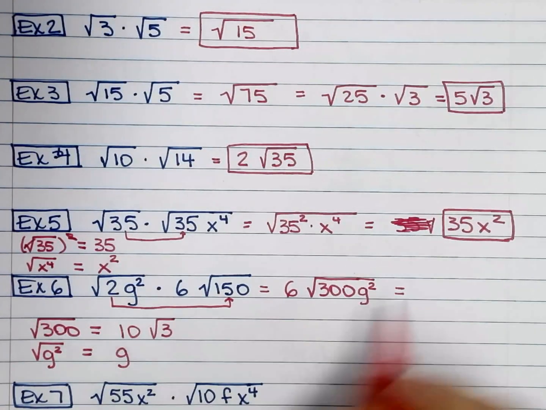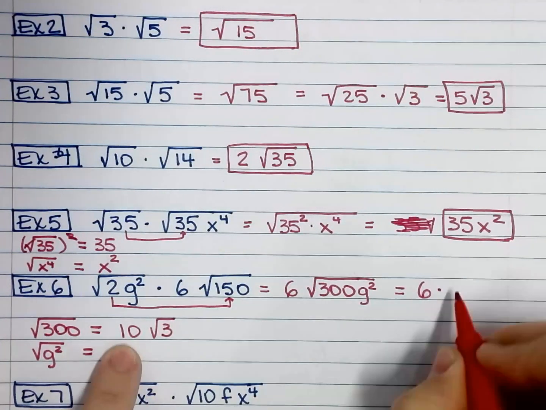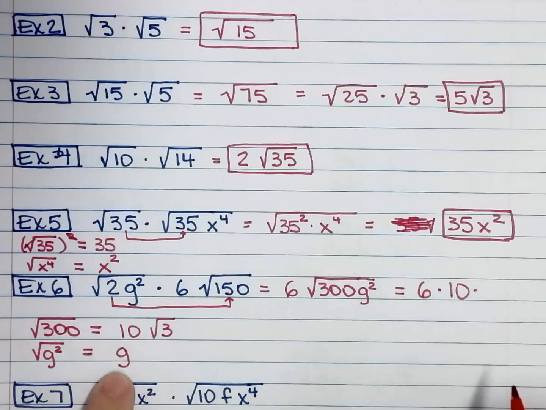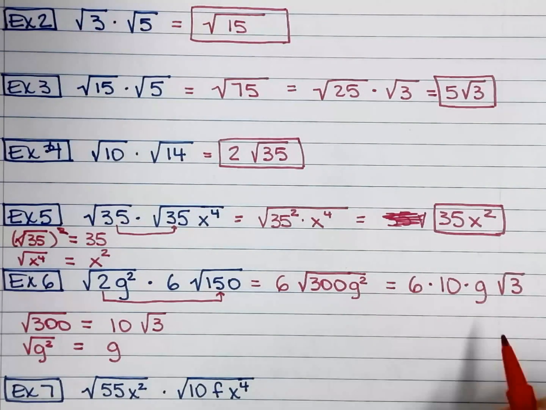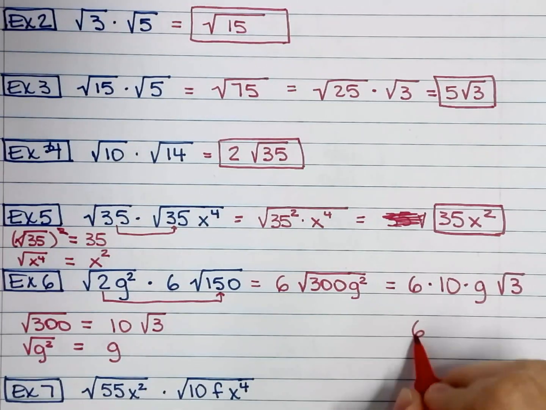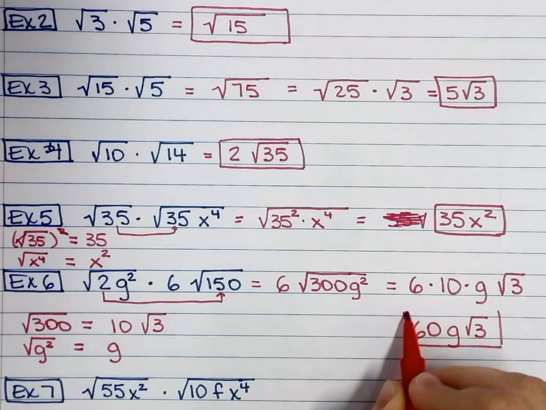So now I have 6 that was on the outside. Now I have this 10 from over here, this g from over here, and I have square root of 3. Now I need to multiply everybody. So final answer will be 60g square root of 3.